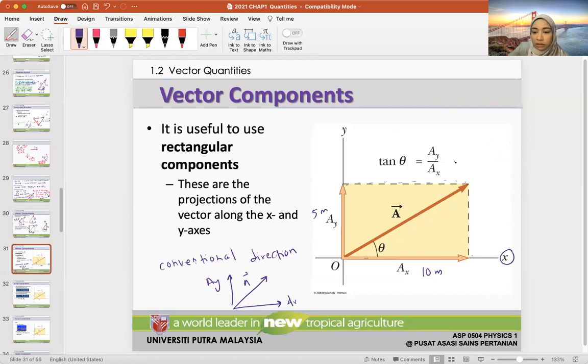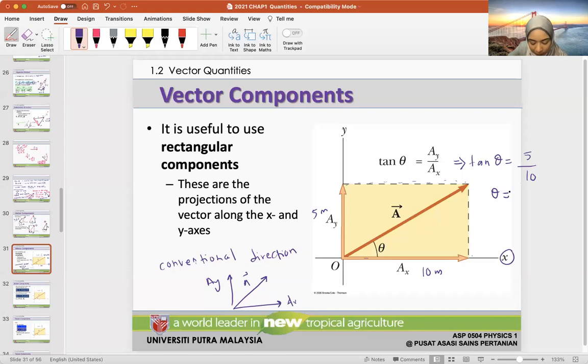Use the same equation. I want to know the angle. Tangent theta, ay is 5, ax is 10. 5 over 10 is 1 over 2, 0.5. So inverse tangent of 0.5 will give me theta.